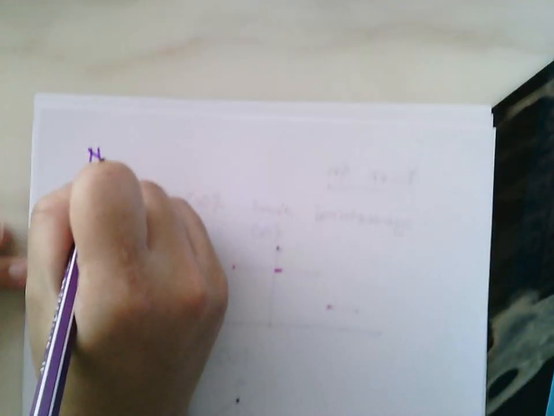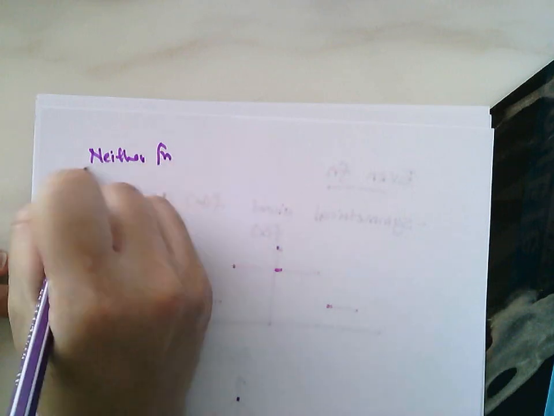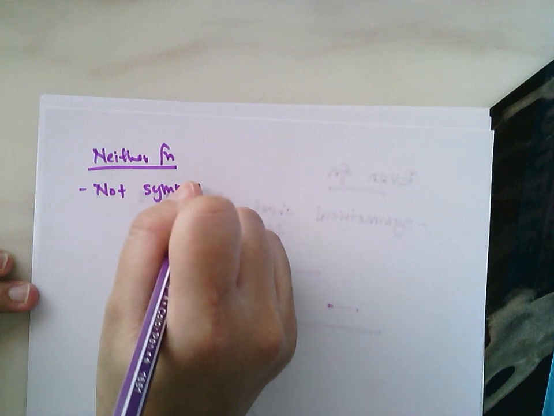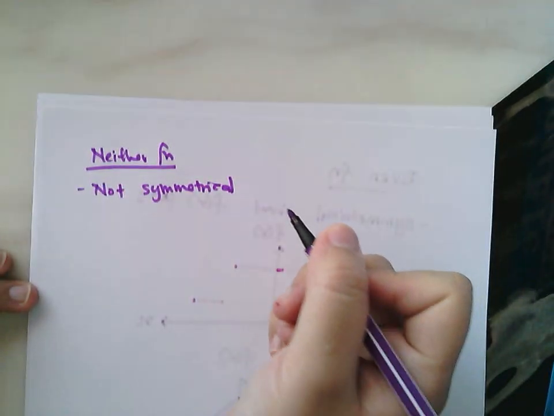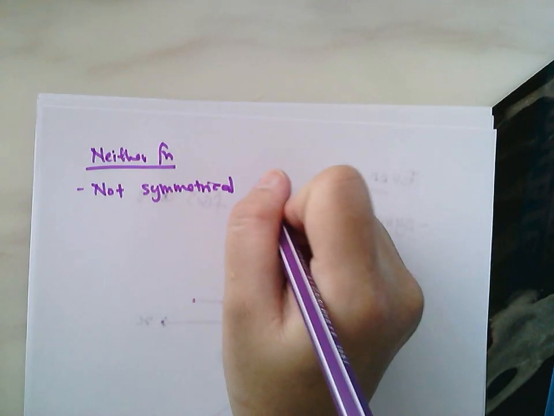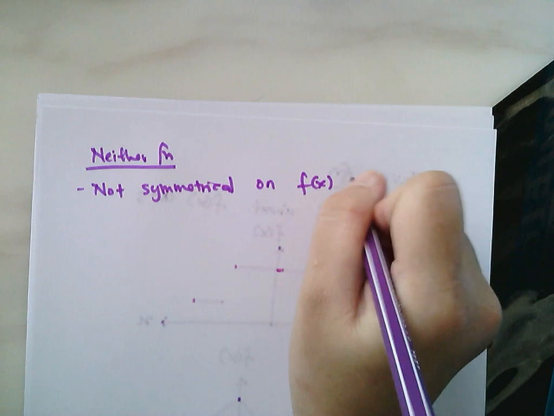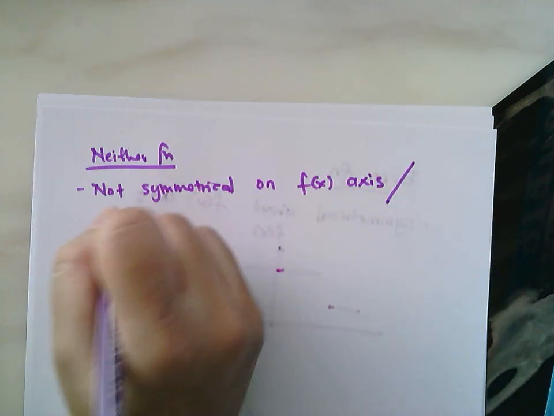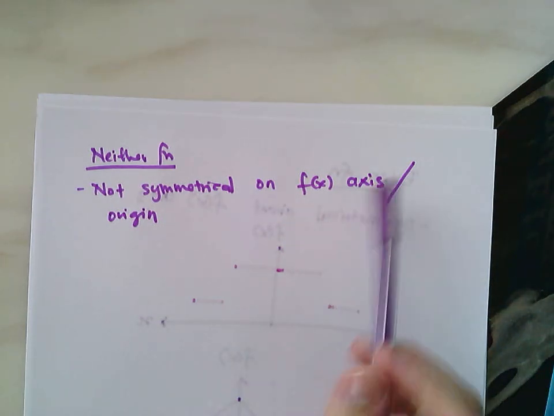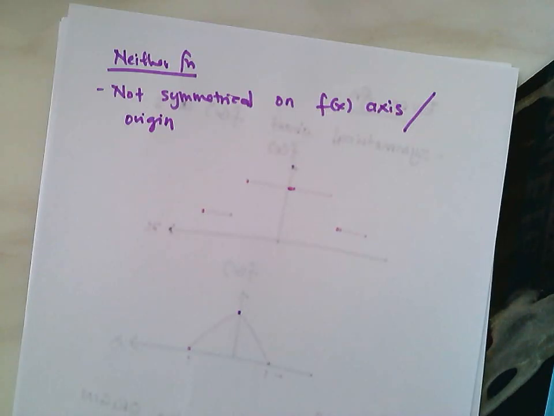So neither function is when it is not symmetrical about the f(x) axis or the origin, which means neither this one nor this one. Okay, so let's say you have this kind of graph.